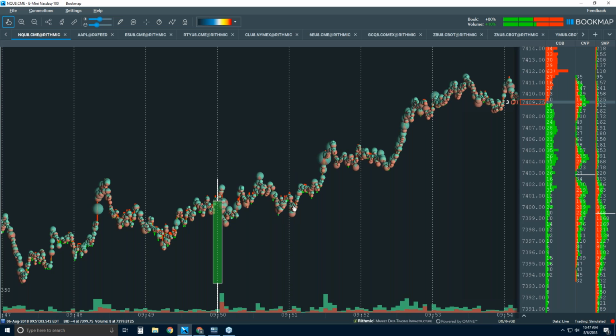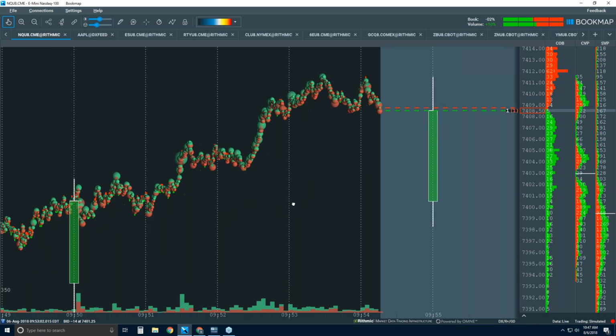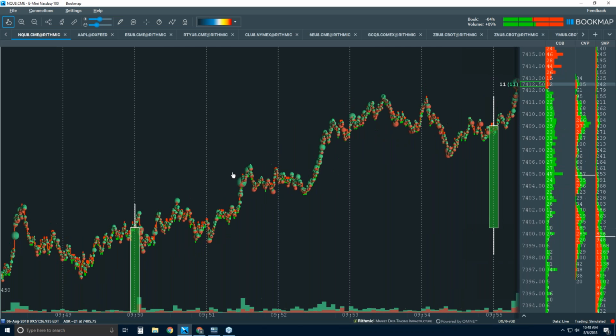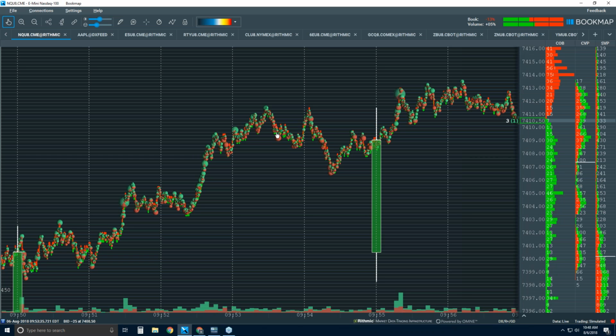Compared to some of the other areas down here, there's a lot more. You can see it in here, you can see it in here. Even in these areas up here, there's just more buying coming into the market, and it pushes price upwards as they sweep the book higher. So that's what we're seeing in this uptrend, which is very typical.